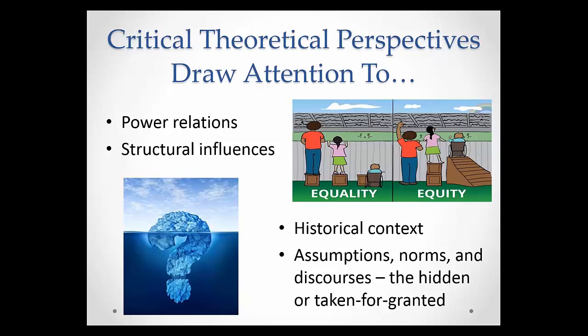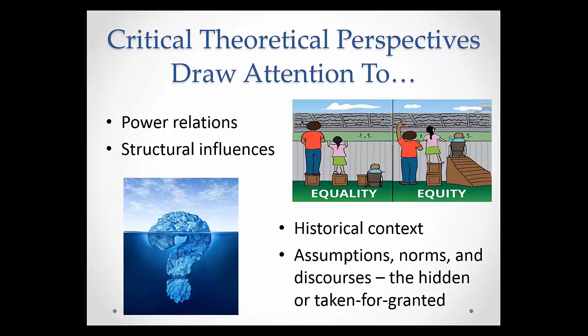And then finally, critical theoretical perspectives for us really draw attention to assumptions, norms, and discourses that are often hidden or taken for granted. How we speak, how we use language, how we take up particular ideas, both as individuals and as a society over time, can lead to certain ideas becoming normalized in a way that's very taken for granted, and they become hidden to our everyday consciousness.